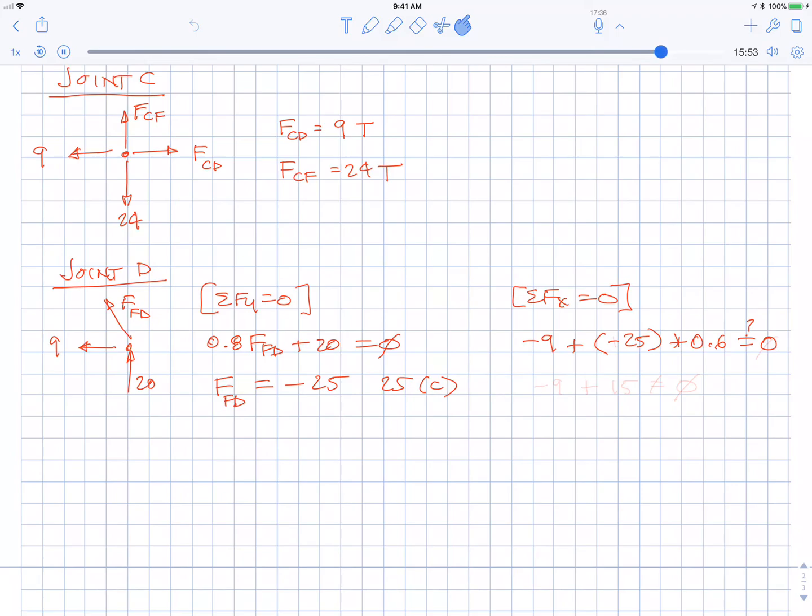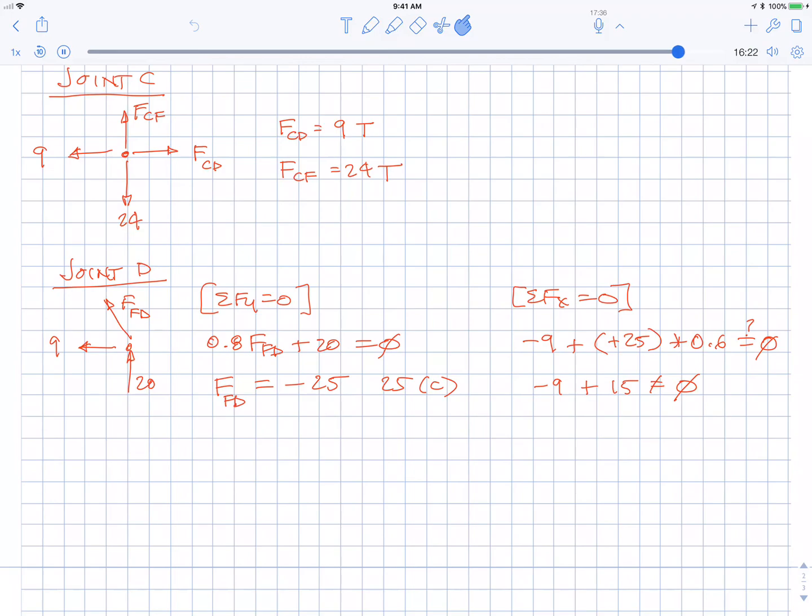Actually, this was plus because FFD is in compression, so it's pointing into the joint, so the x component is going to the right. So we have minus 9 plus 0.6 times 25 is actually, let's see, 15. That does not equal 0.